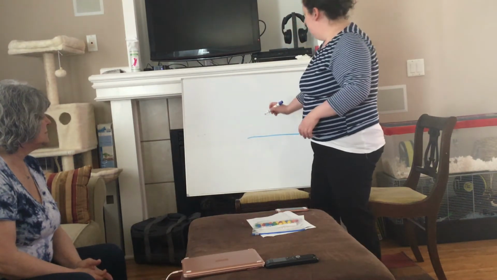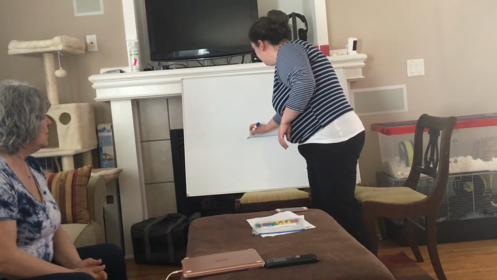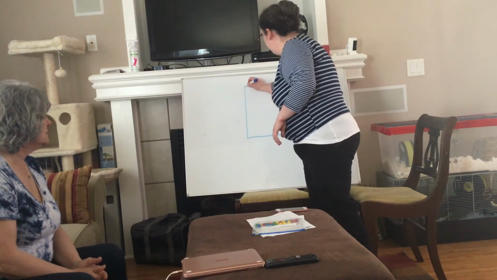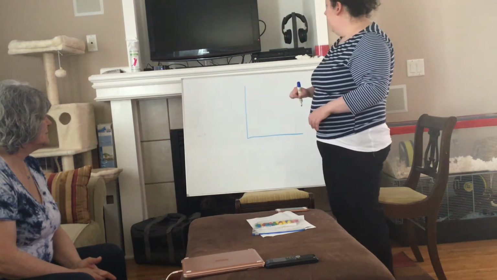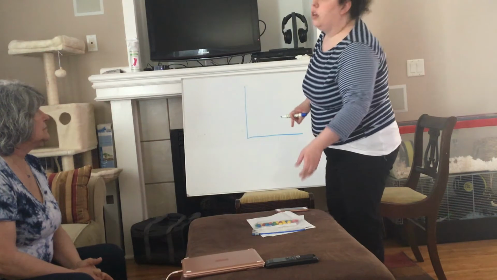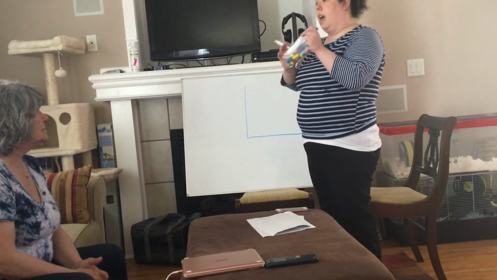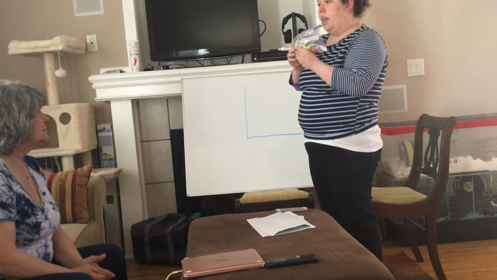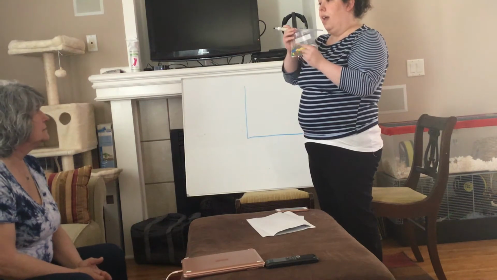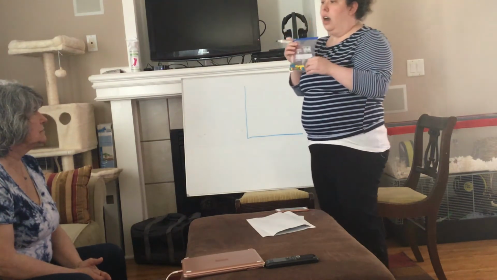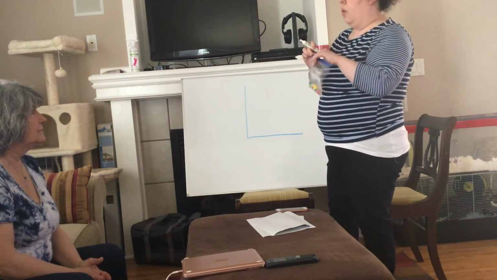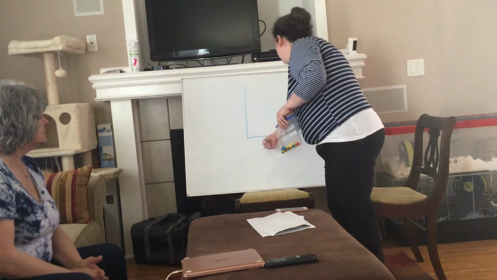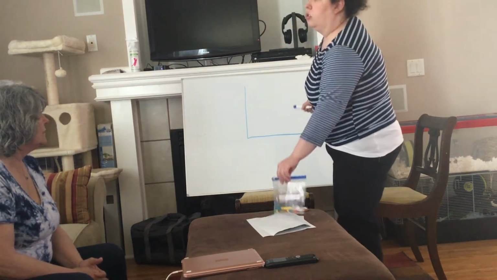Good. And then we have our vertical axis. And what's that called? Y. Y. Good. So we have our x and our y. And today we're going to look at the colors of M&Ms and kind of talk about how many of each color are in there. So with that in mind, what should our labels be along the bottom for our control?